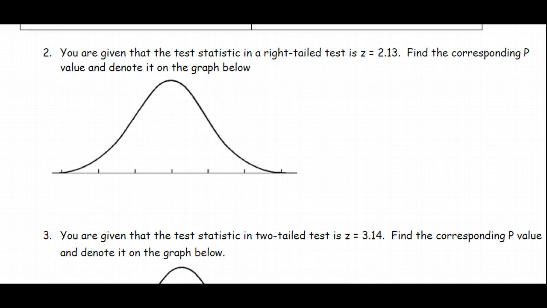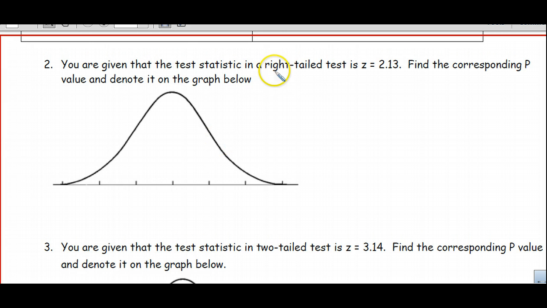You're given a test statistic in a right-tailed test is z equals 2.13. Find the corresponding p-value and denote it on the graph below. So it's a right-tailed test, which means I got to be over here somewhere. My z is 2.13. So this is the test statistic.